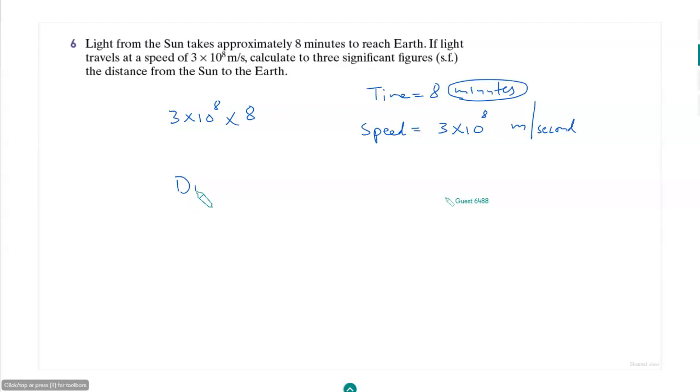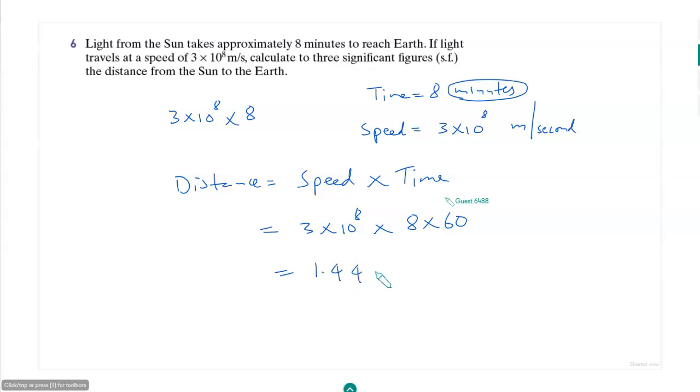So distance is speed into time, right? Yes. So 3 times 10 to the power of 8 times 8 into time. Time should be expressed in seconds. So 8 times 60, right? Yes. So 480. Yes, you are right. So this will be how much? 1.44 times 10 to the power of 11.